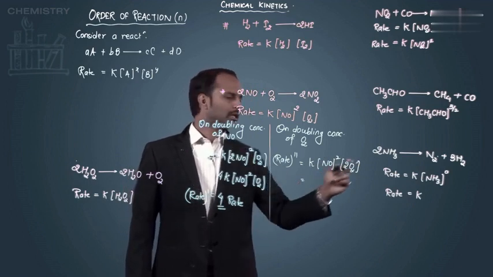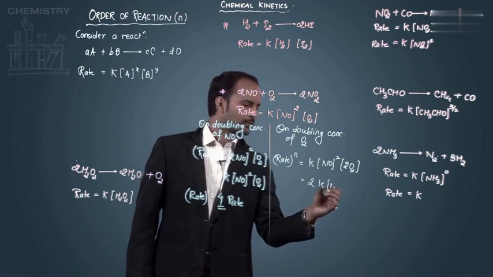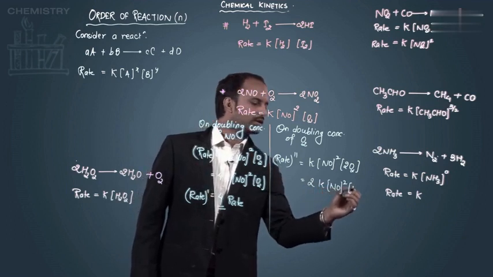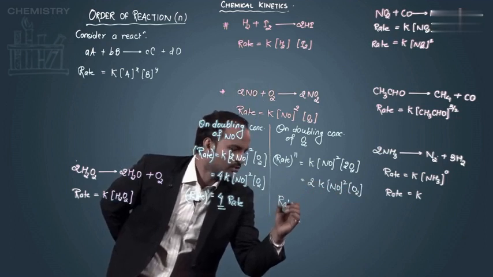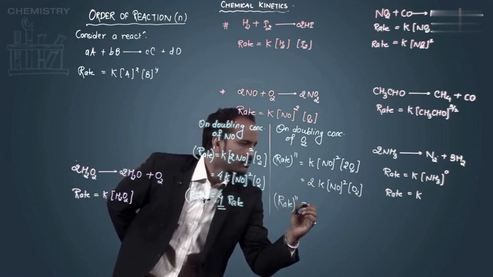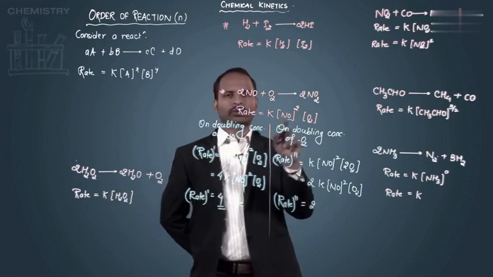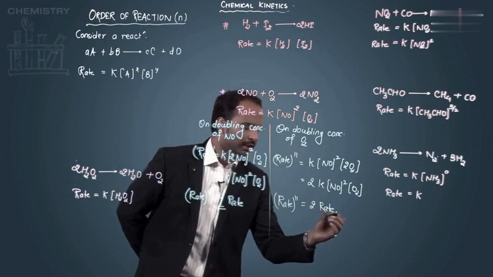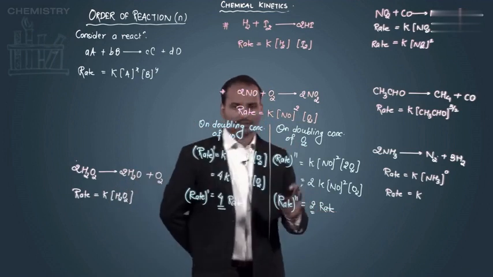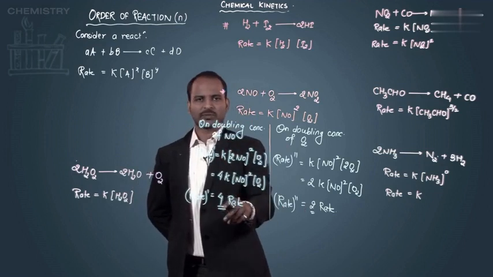Again 2 will come outside, the power is 1, so 2 will come outside as 2 only. K into NO whole square into O2. So rate double dash is equal to twice K NO whole square O2, which is nothing but the initial rate, means I can say rate double dash is twice of rate. So from this I can say that if I'm doubling the concentration of NO, the rate of reaction increases by 4 times.